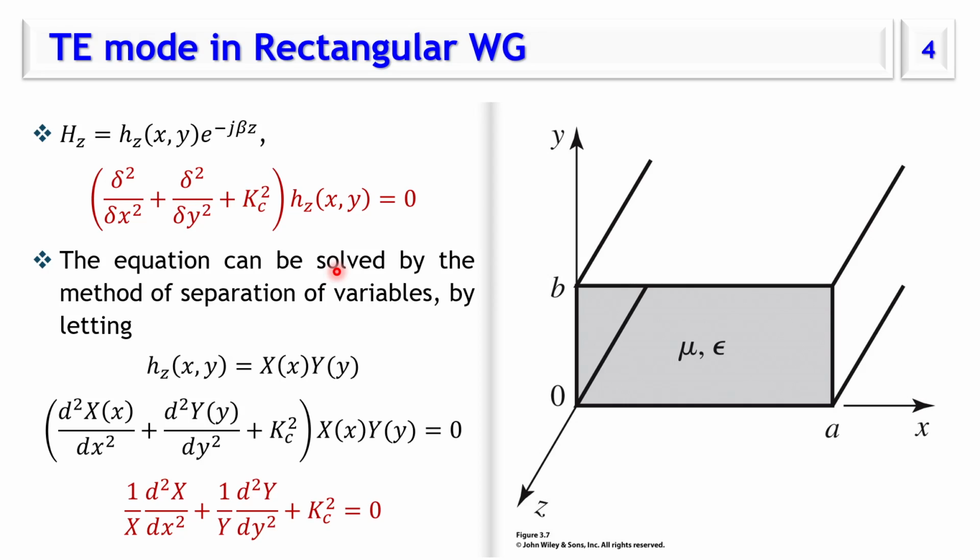Separation of variables is the method that we studied before in 303 Electromagnetic Fields. In separation of variables, we express Hz as a function of x multiplied by a function of y. So the homogeneous wave equation will take this format, and we can substitute this separation of variables into the wave equation to reach this form.